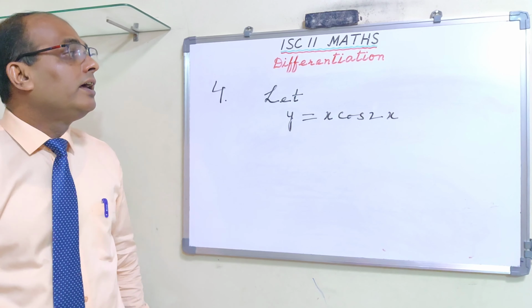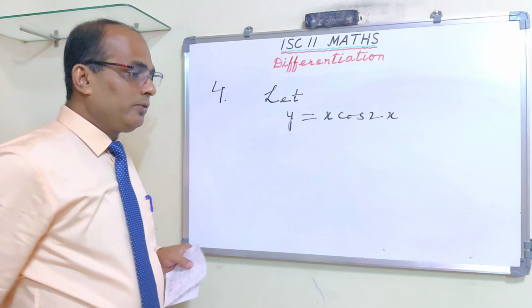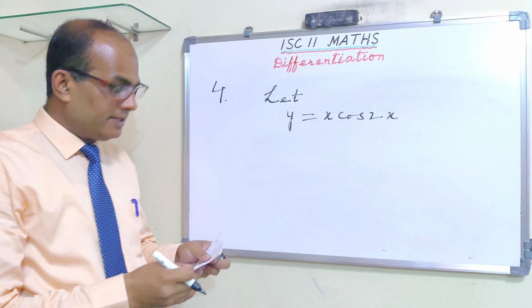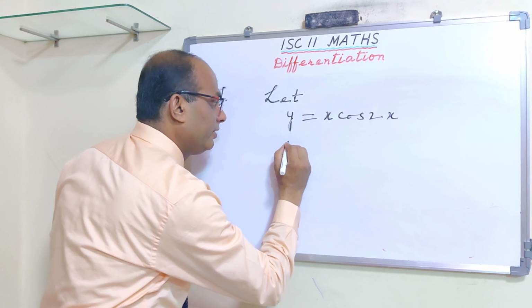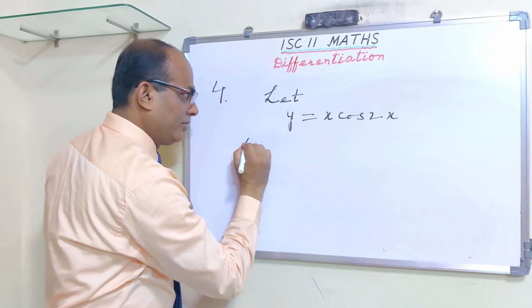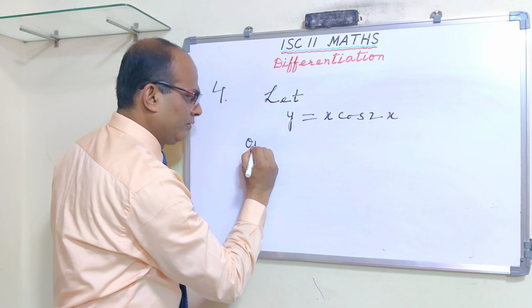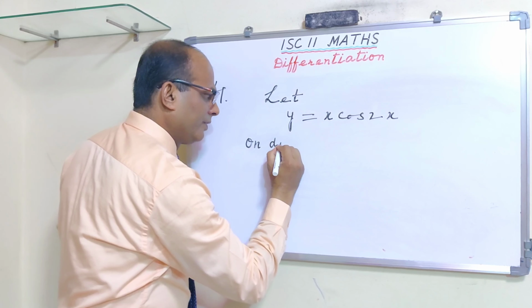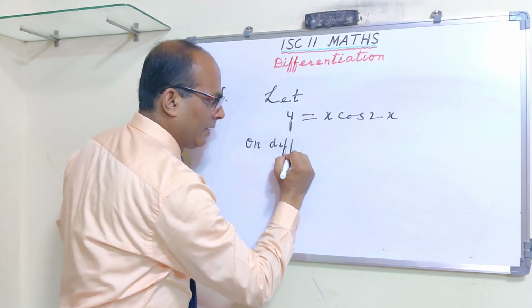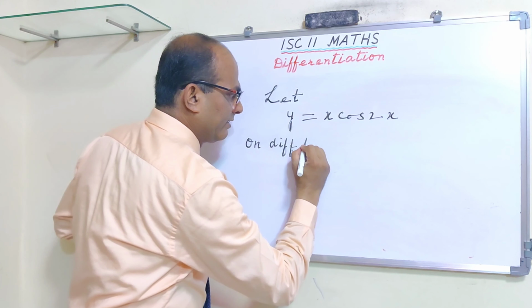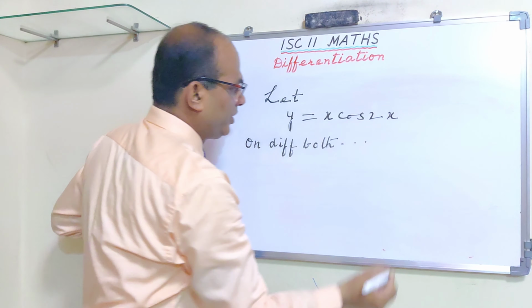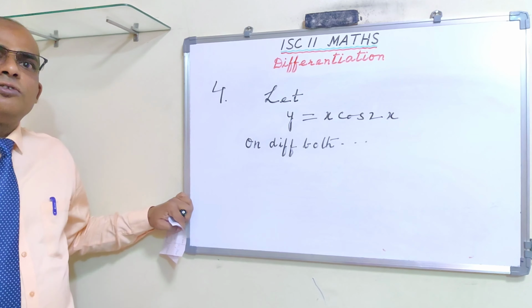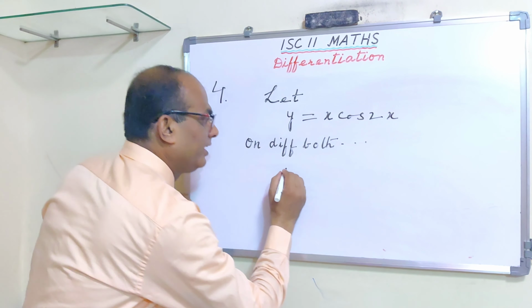Again, as usual, y is equal to x cos 2x, first function, second function. On differentiating both sides with respect to x, please do write down, we get dy upon dx.